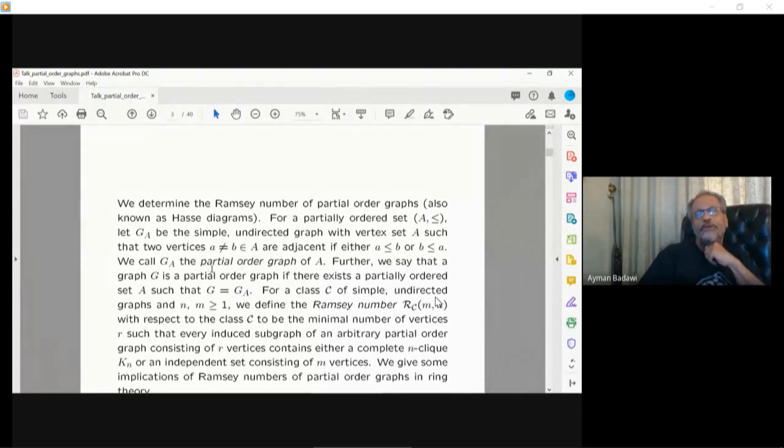So you know what we mean by a partial order graph. That means we should have a partial order on the set of the vertices that satisfies the three axioms I mentioned.